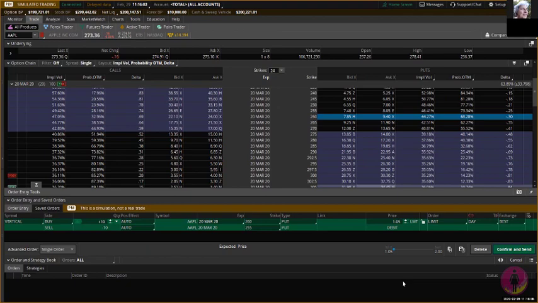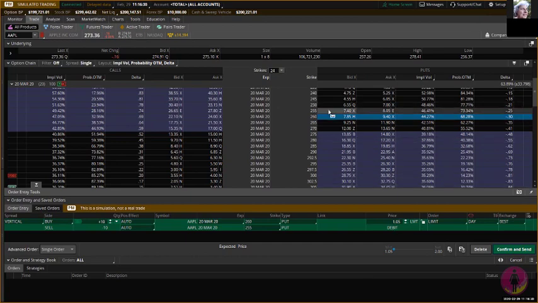Could you make from this debit spread a credit spread? Probably yes, but I don't know how. Right. Go to the 260 on your strike and make that a 255.